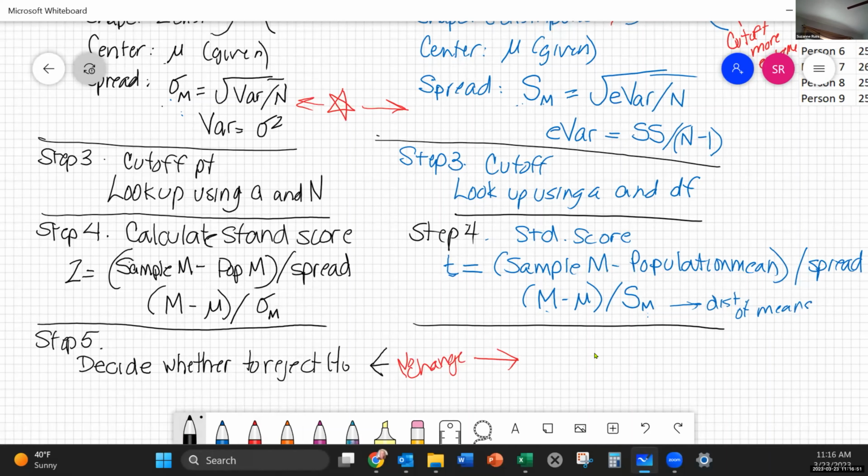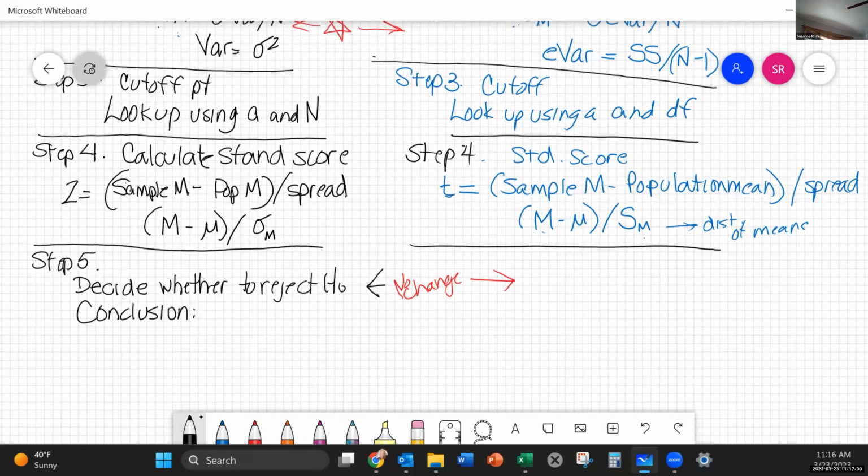In the second part, the way we write up the conclusion, the statement, I think I'll just summarize it here. So we write the statement and then the statistic. And we write the statistic like this.